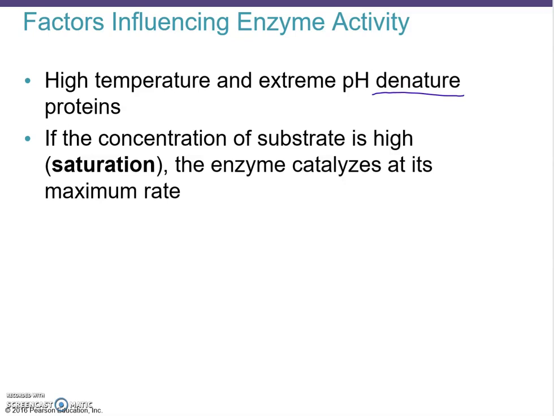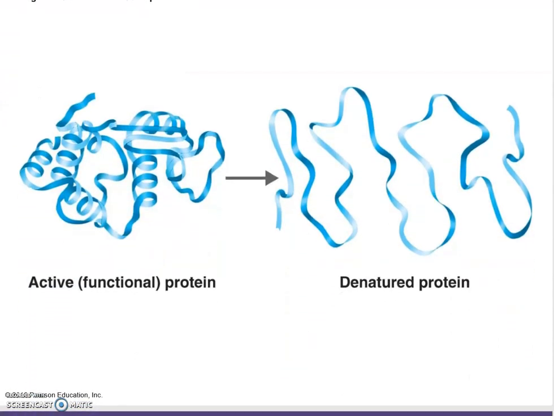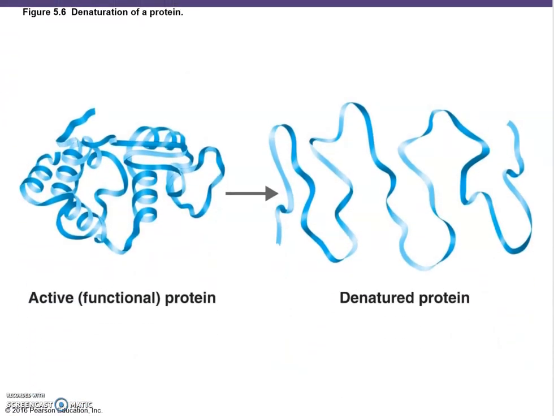Now, on the other hand, if the conditions are perfect, and substrate concentration is high, concentration of the enzyme is good, the enzyme has perfect conditions, well, then the enzyme will catalyze at its maximum rate. So here would be what it looks like when you're denaturing a protein. Think of denaturing.